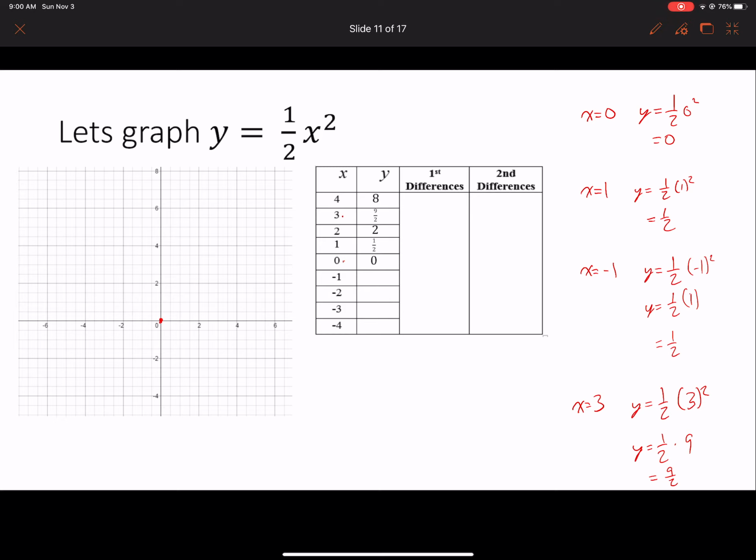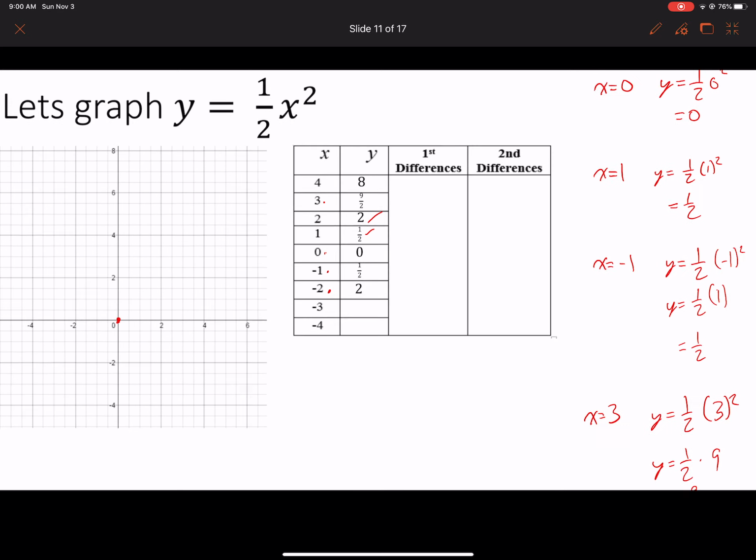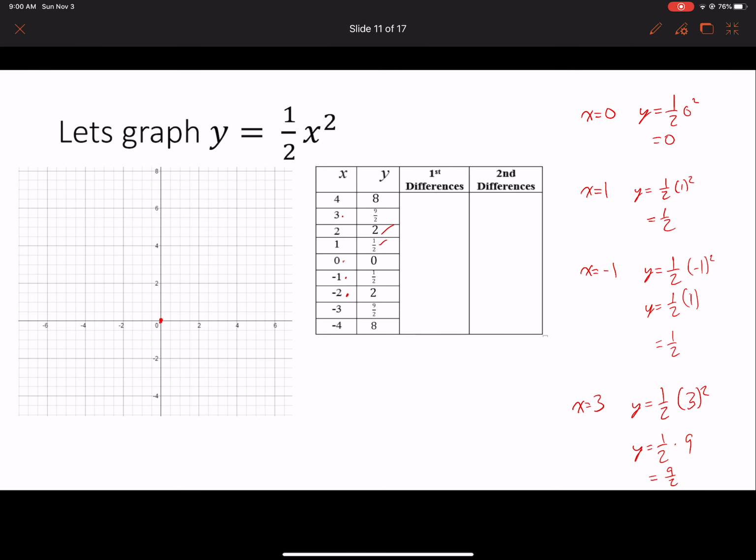So we know that when x is minus 1, we're going to get half. We're going to get the same value there. When x is minus 2, we're going to get this value, 2. Etc. Etc. We know that these values are pretty much the same as these values because it's symmetric, once again. That's just the nature of a quadratic function.